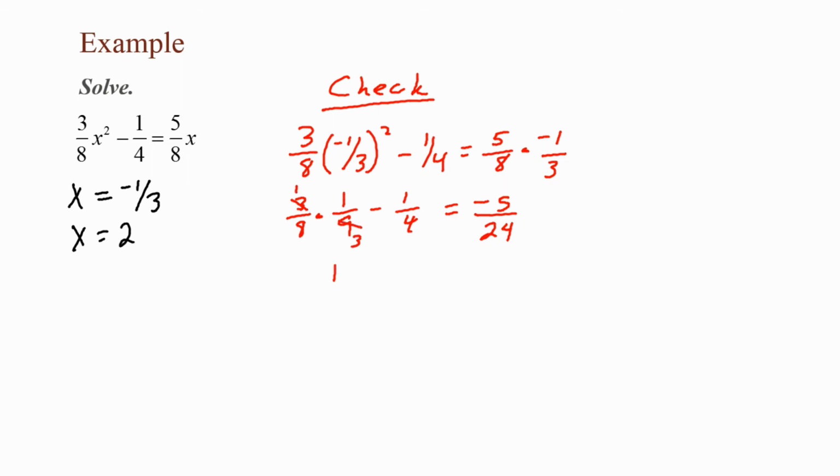So that reduces to 1 over 24 minus, I can rewrite 1/4 as 6 over 24, and that should equal negative 5 over 24. 1 minus 6 is negative 5, so I have negative 5 over 24 equals negative 5 over 24, so my negative 1/3 is correct.